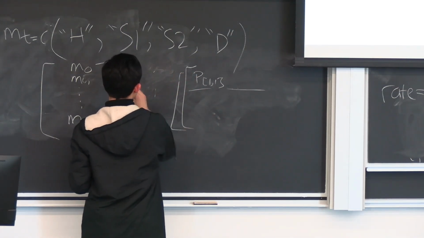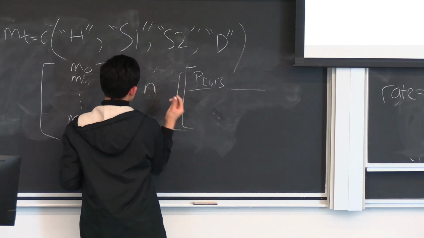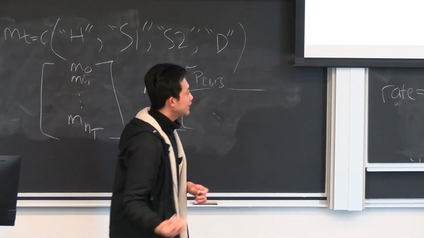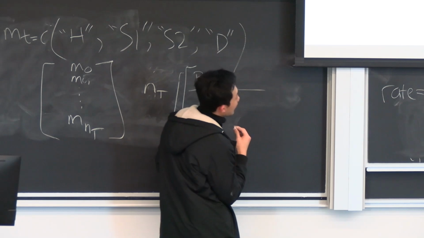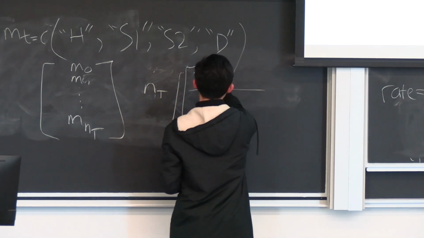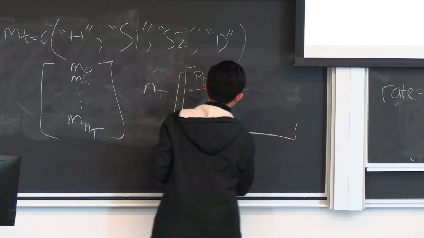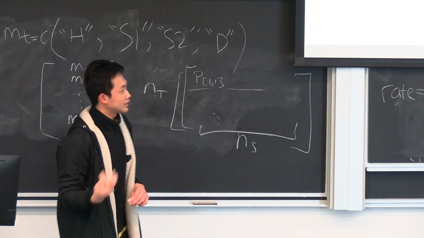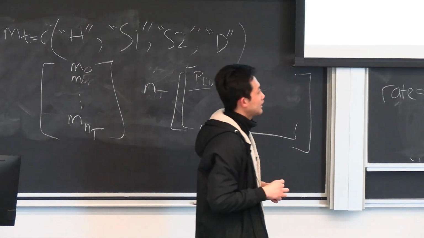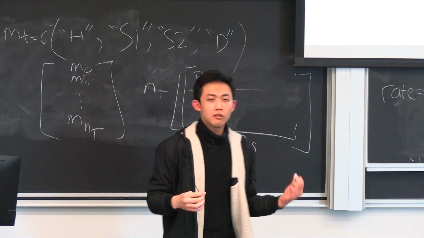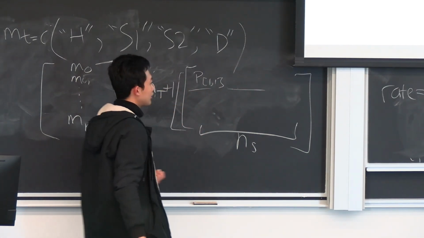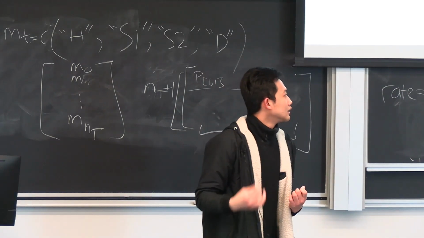Sorry, the rows are the number of cycles, and the columns are the number of states. And because we start from cycle 0, in our code it will be n_t plus 1.